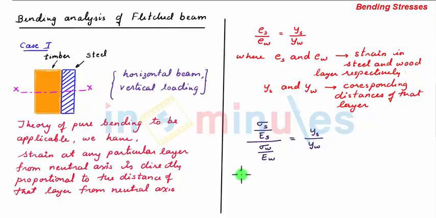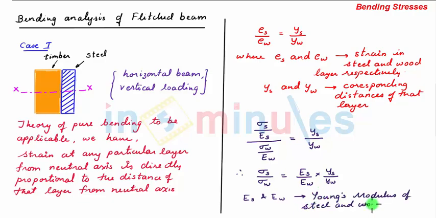So this I can write as sigma S by sigma W is equal to ES by EW into YS by YW, where ES and EW are Young's modulus of steel and wood material respectively.